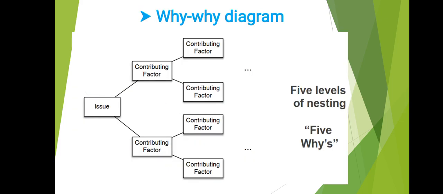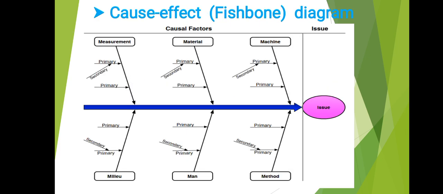This is again the issue and its contributing factors. Each contributing factor might have a number of other contributing factors. The more deeply we dig, the more we know and the easier it is to get the solution. This is again a causal factor fishbone diagram: measurement, primary, secondary. For example, you have a problem in a machine and you know the root cause of the problem.